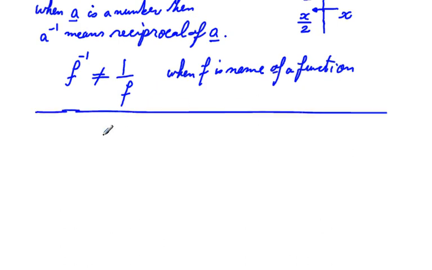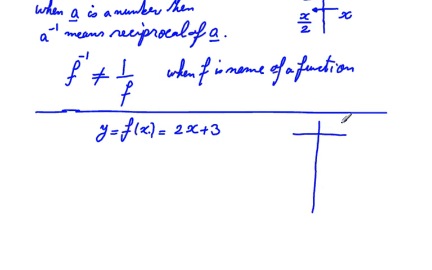Suppose I have y equal to a function f of x, and that is, say, 2x plus 3. We said our procedure was to make a table to investigate what is going on. So here's my x, here's 2x plus 3. If my input is 1, this is going to be 5. If my input is, say, 6, this is going to be 15.